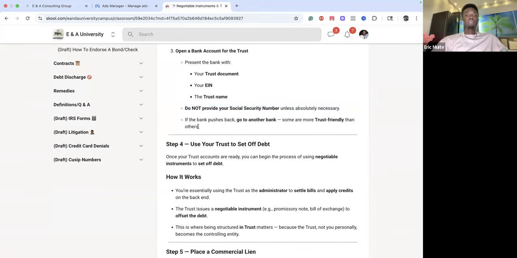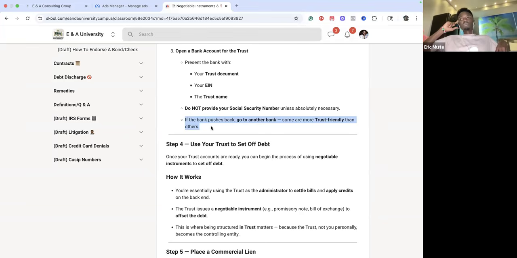Now, if you go to a bank and they push back, just move on. It's not that big of a deal. You've got to remember how banks work. The bank is there to collect interest off of your money. So if a bank is not accepting you, and you're willing to go to them as a customer to put money in there so they can make interest off of it, well, this is a little bit of a different account.